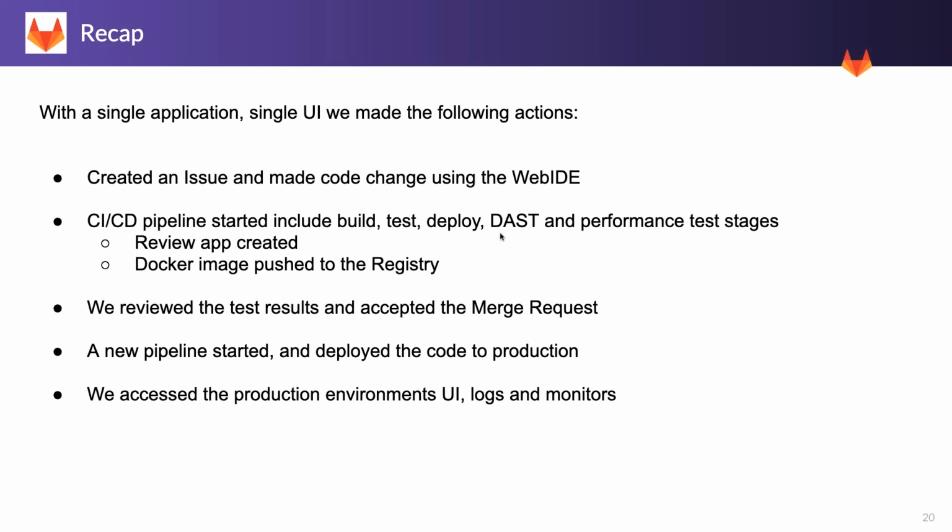A review app was created for me, and a Docker image was pushed to the built-in registry. We reviewed the test results and accepted the merge request. A new pipeline started and deployed the code to production. In production, we accessed the production environment UI, the logs, the monitors, and everything from a single application.